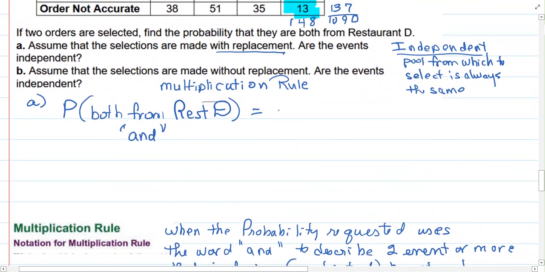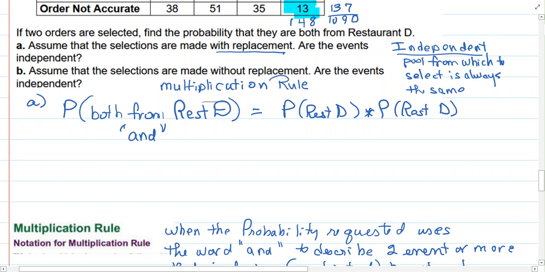So this is the probability of restaurant D and probability of restaurant D, but this is with independence.